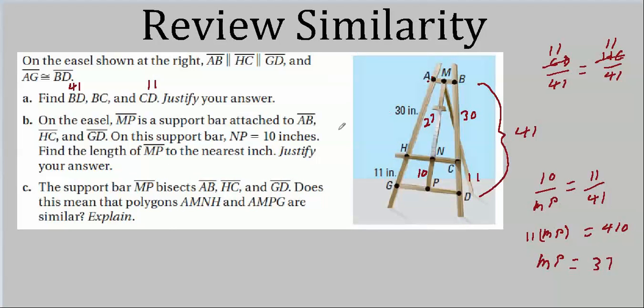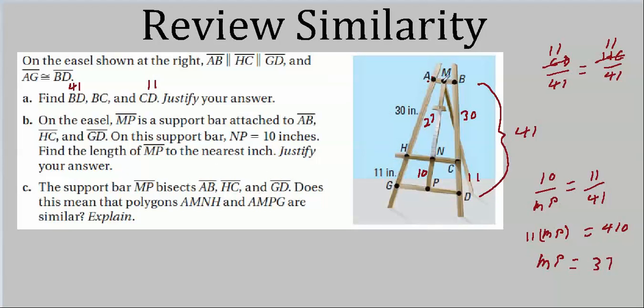And down here they're asking you a question. They want to know if polygon AMNH is similar to AMPG. Well, there's one quick, easy way that you can say no to this.